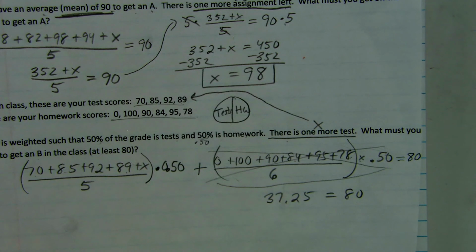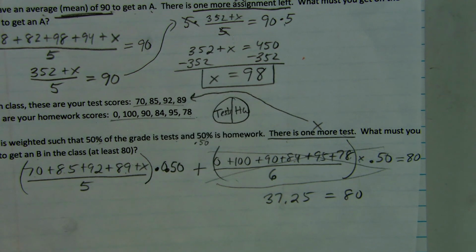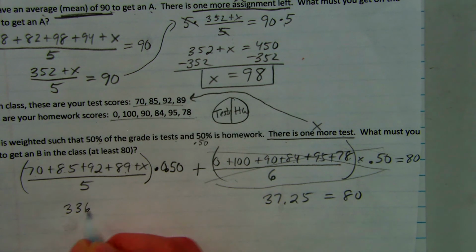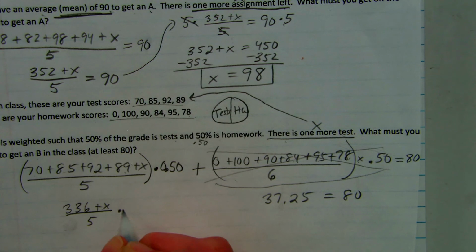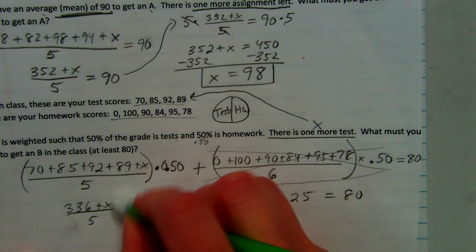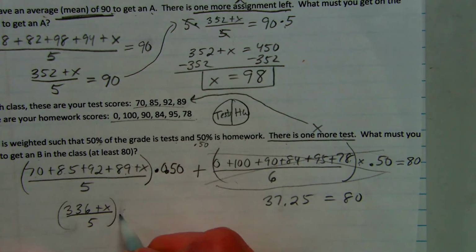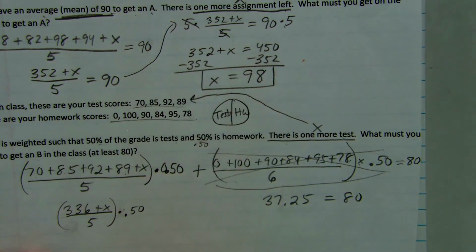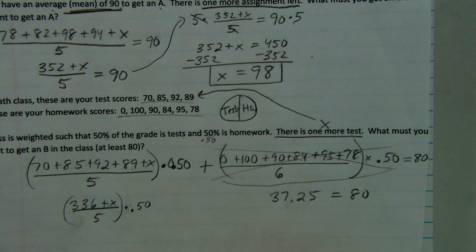So 70 plus 85 plus 92 plus 89 is 336, plus x, divided by 5, times, oh, well, I shouldn't use the x, all times 0.5. Didn't you just leave the times out, put 0.5? You could, since it's next to parentheses. I'm just trying to make it super clear.